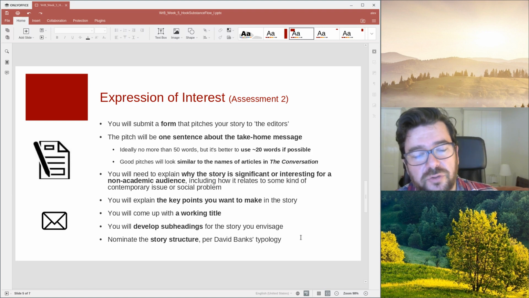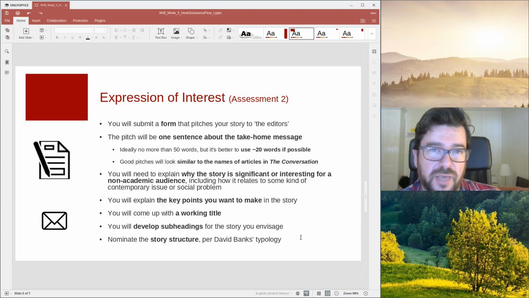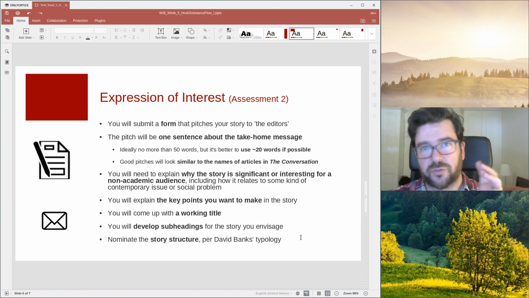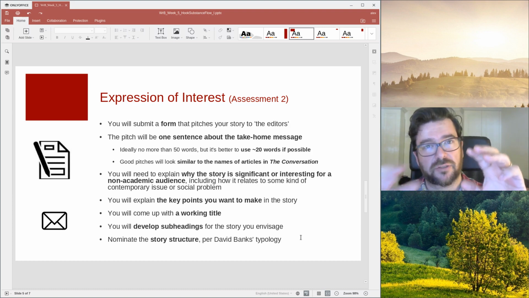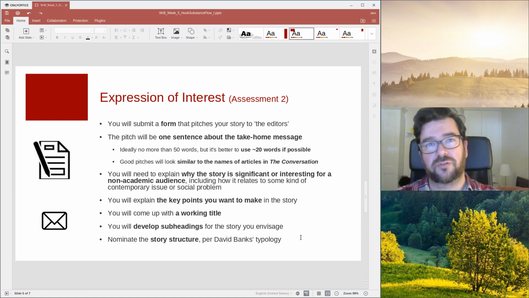And then we want you to develop some subheadings for the story. Many of you in your KT surveys commented about how useful subheadings were for you, the reader, to see how the story was broken up and see how it tried to deal with different subject matter as it moved through towards the end.